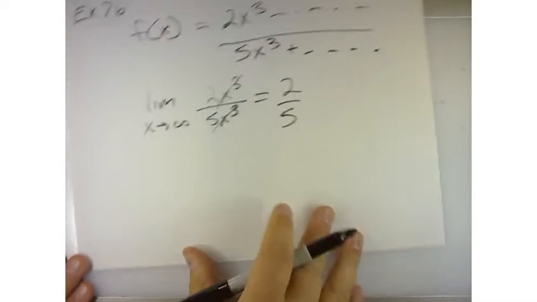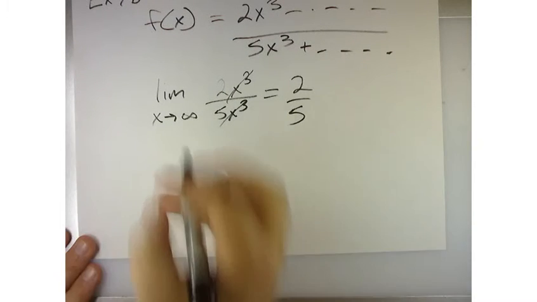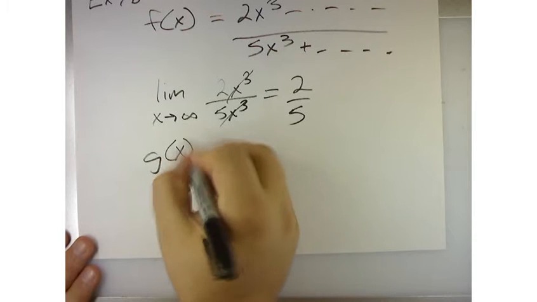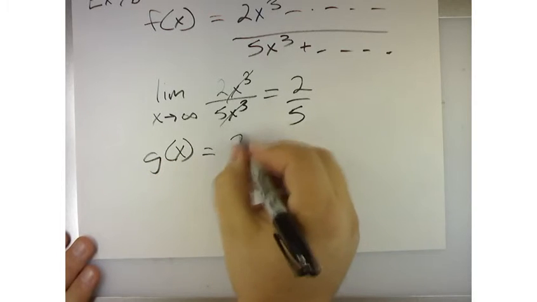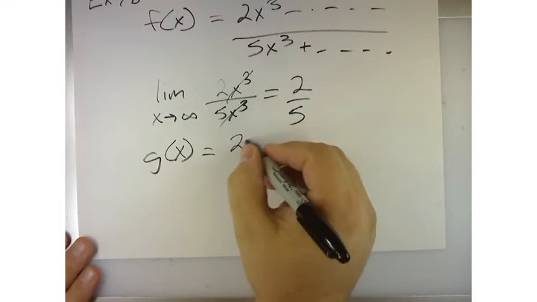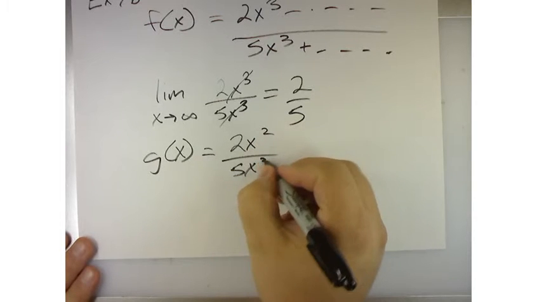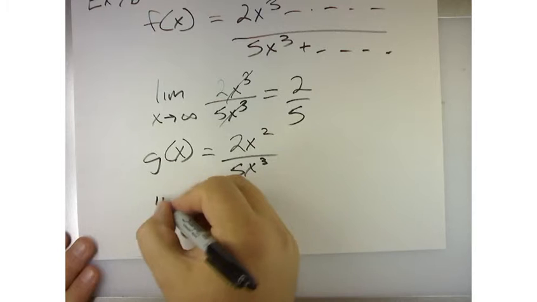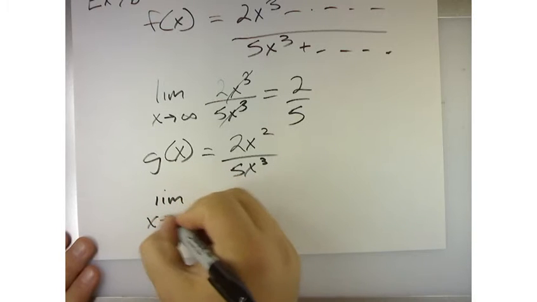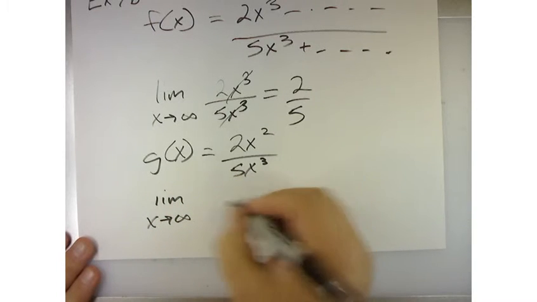Now here's what's not in the book. If I take g of x and I have 2x squared over 5x cubed, what does this limit look like? 2 over 5x.